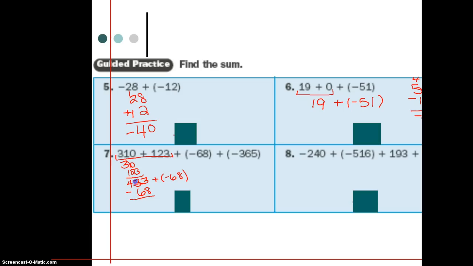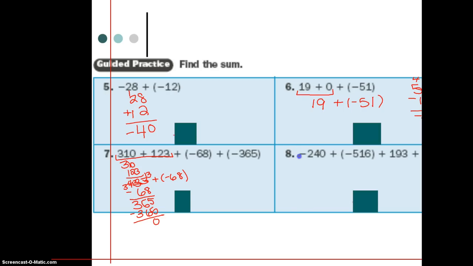I'm going to borrow from here. That becomes 13. 5. Can't take that away, so let's borrow from here. Make that 12. This is 6 and 3. And then finally, you add negative 365, but that's subtracting because it's different. This was a positive, this was a negative, and it's 0.